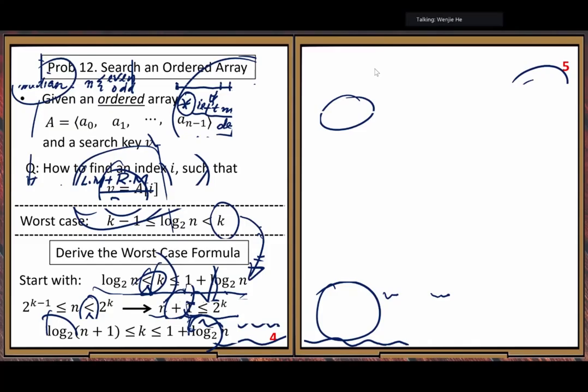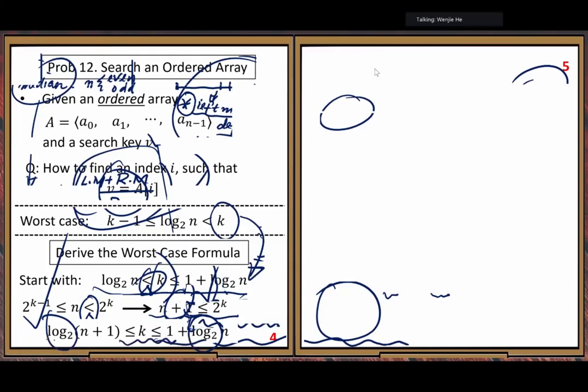Remember, we used floor and ceiling functions to do the conversion before, in the counting binary digits question. Here, this is the situation where we need to use floor or ceiling functions to convert log base 2 expressions to integer expressions.